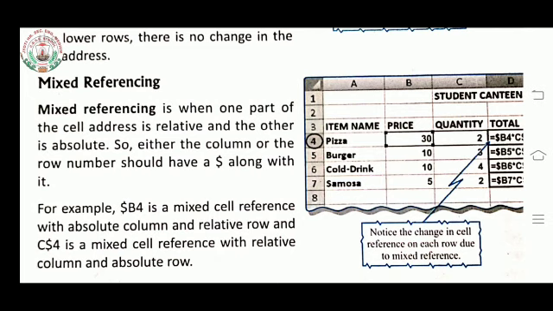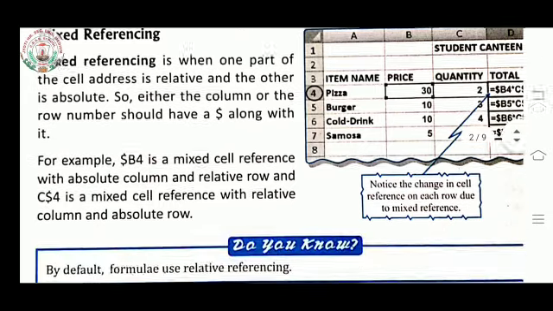For $B4 you are dragging it down vertically, and 4 keeps on changing to 5, 6, 7 and so on. For C$4 you are dragging it horizontally, so C keeps on changing and row number 4 stays fixed. So this is called mixed referencing.